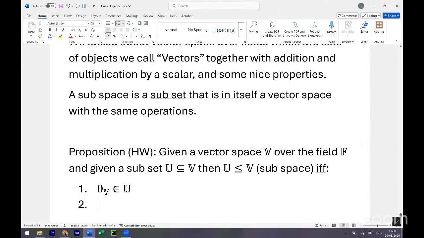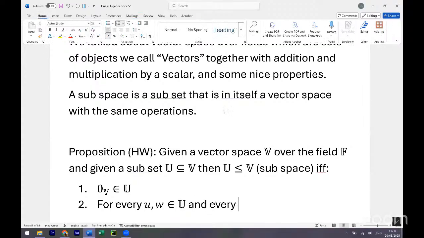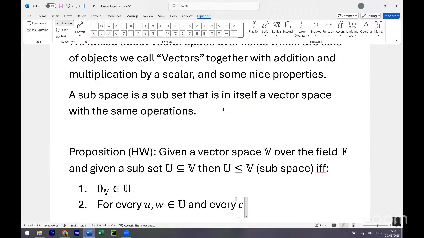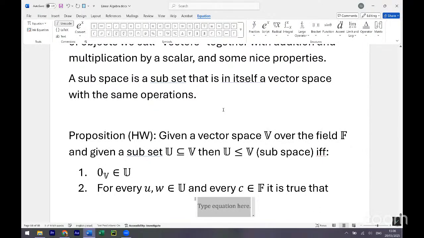Second, for every U and W, two vectors in U, and every scalar c in F, it is true that U plus cW stays within U.